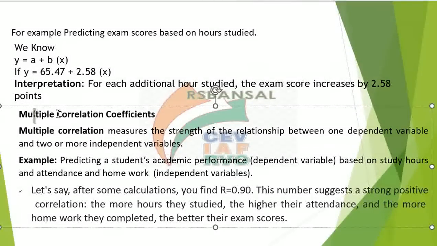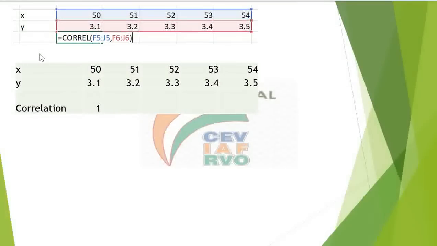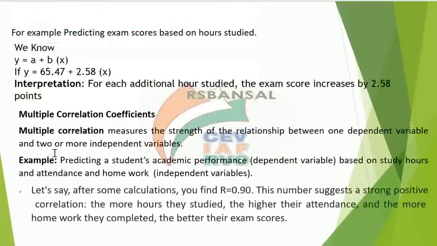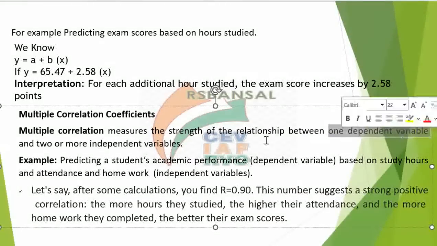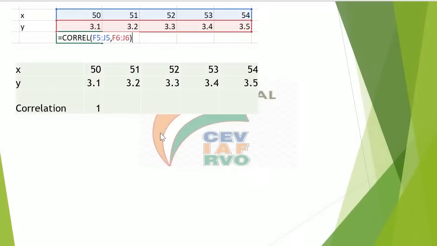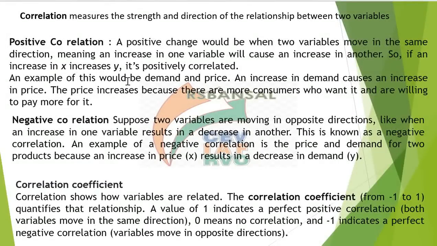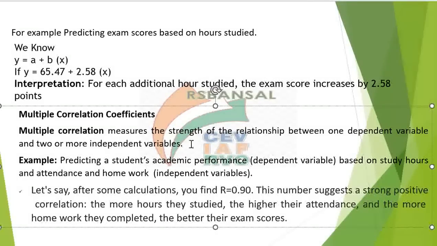Then the multiple correlation coefficient. So we have the regression coefficient, the correlation coefficient, and the next one is the multiple correlation coefficient. The multiple correlation coefficient measures the strength of the relationship between one dependent variable and two or more independent variables. In correlation there were only two variables, x and y, but here there will be three or more variables.